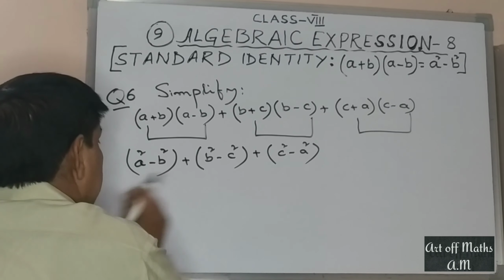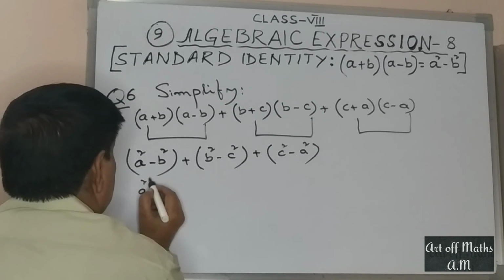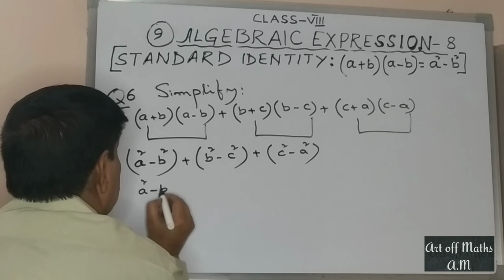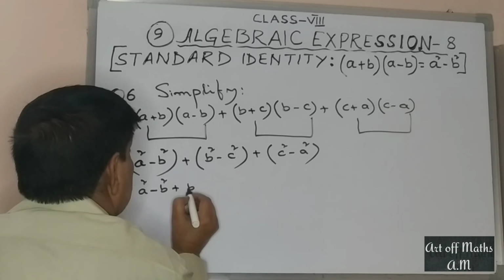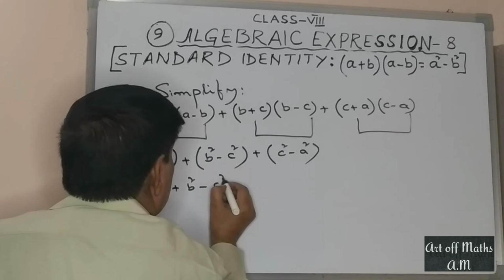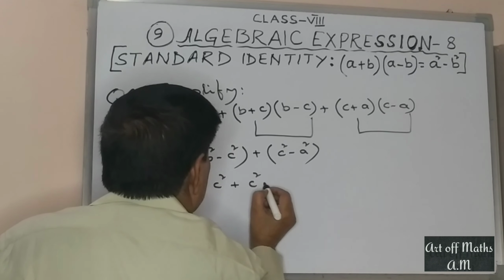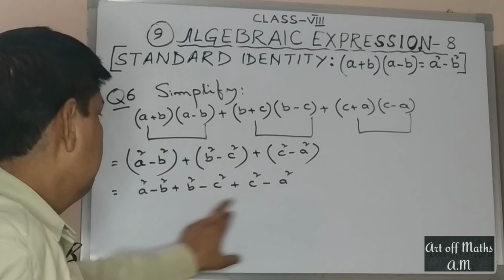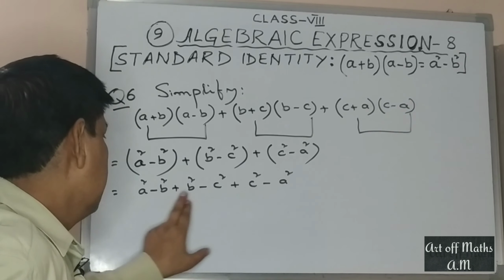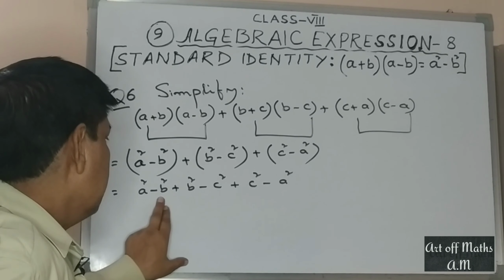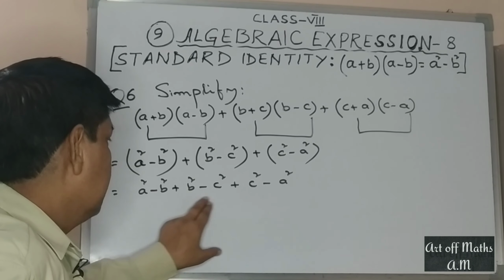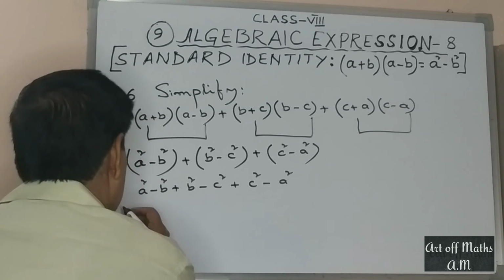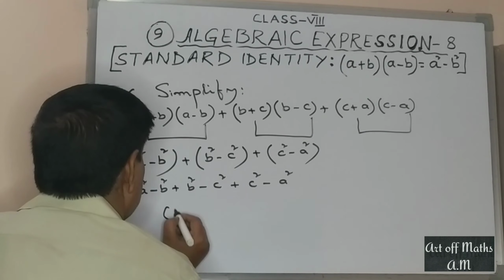Now open the bracket: a square minus b square plus b square minus c square plus c square minus a square. Now positive a square, negative a square, that means cancelled. Negative b square, positive b square, cancelled. Negative c square, positive c square, cancelled. Result will be 0.